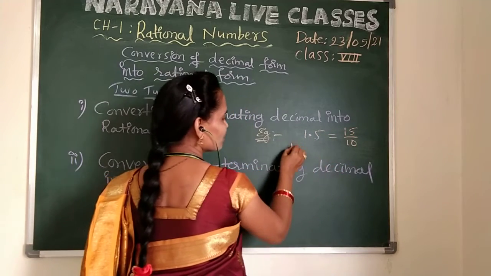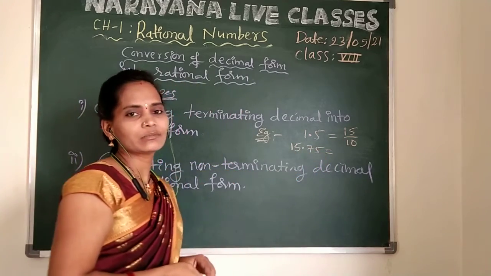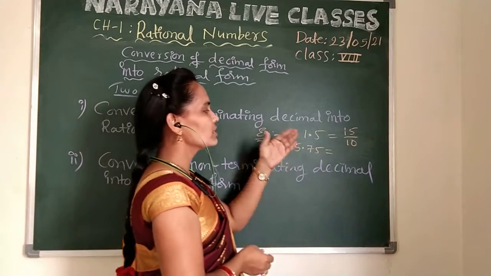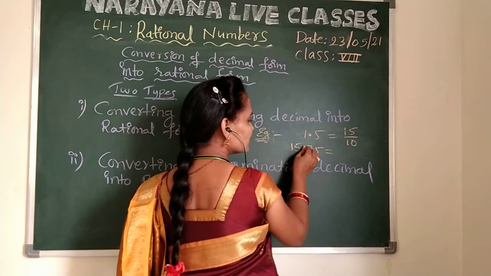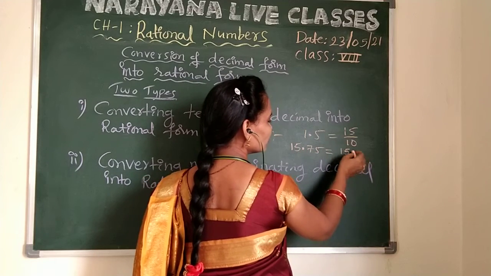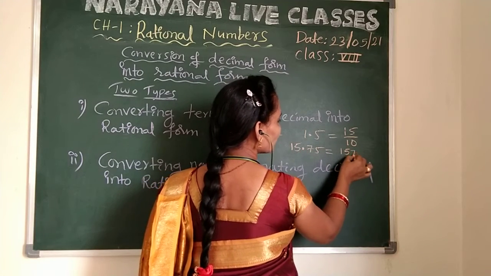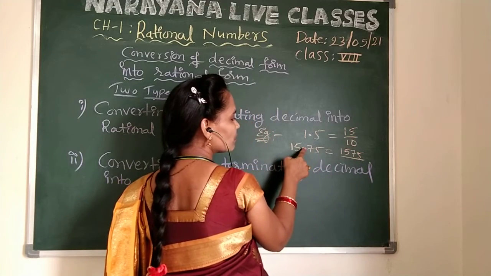One more example. Suppose 15.75 is there. This is a terminating decimal. How can we convert it into rational form, means P by Q form? Very simple, just remove the decimal point. Now after removing, it becomes 1575 divided by, how many digits are there after the decimal point? 1, 2.